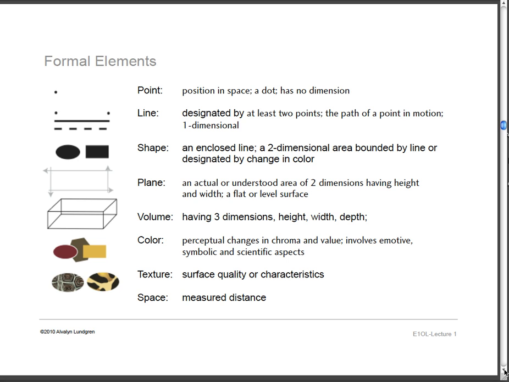So the elements, the formal elements of design, are those things that are actually tangible, the things you actually work with. And formal does not mean that they get dressed up in black tie and tails. Formal refers to them being form. Anything that has a form is an object or something that you can grasp or see or understand. We have billions of forms. Your car is a form, you are a form, your pencil is a form, your computer is a form, things like that.